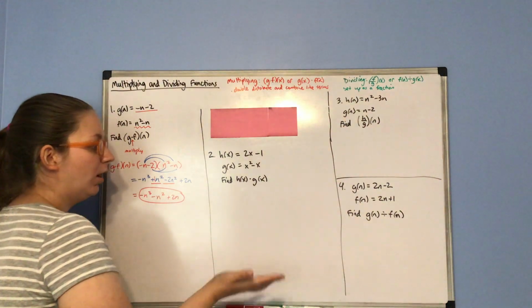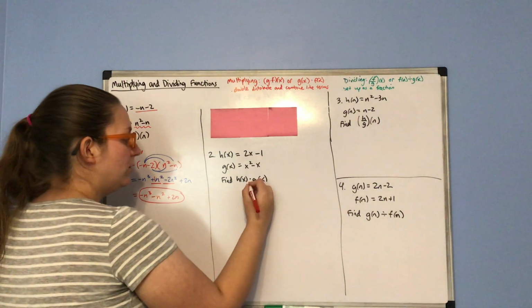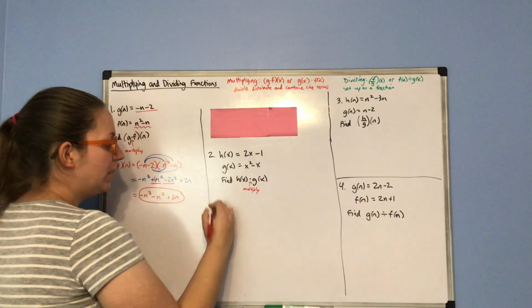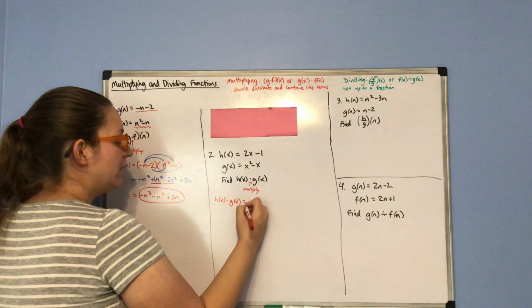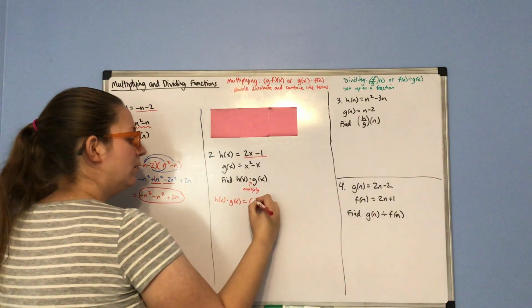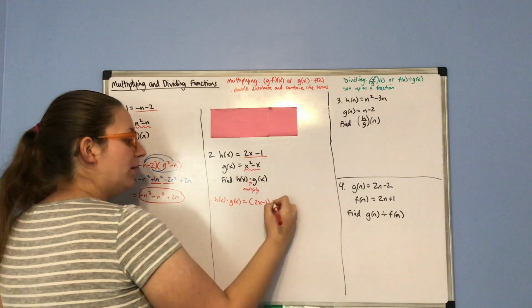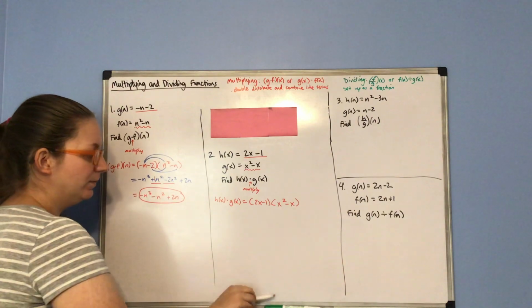Number 2, are we multiplying or dividing? We see a times dot here, so we are going to multiply. We are going to set this up exactly the same way as the last problem. h of x times g of x means take my h function, which is 2x minus 1, and multiply it by my g function, which is x squared minus x.